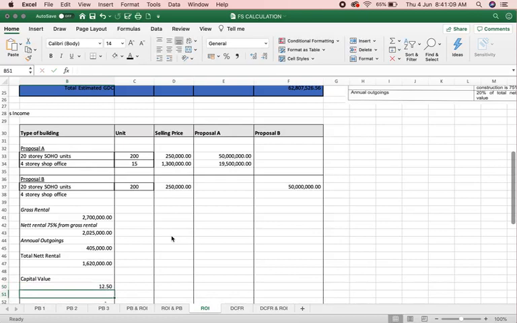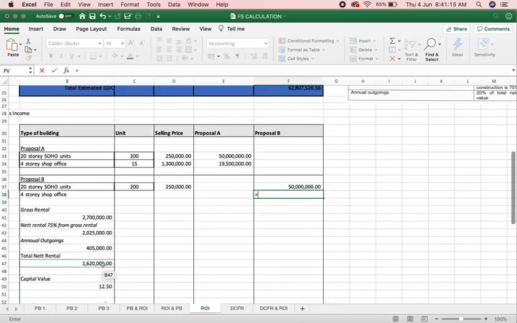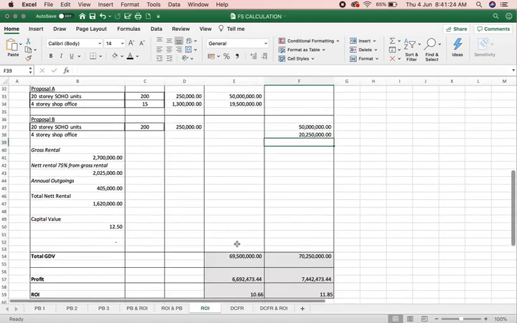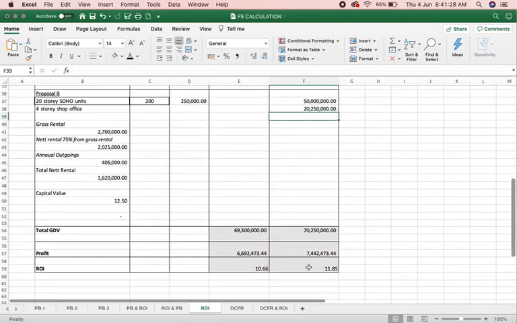Therefore our capital value is 1.6 times 12.5, so 20.20, 570. So minus profit, you will get 11.85.